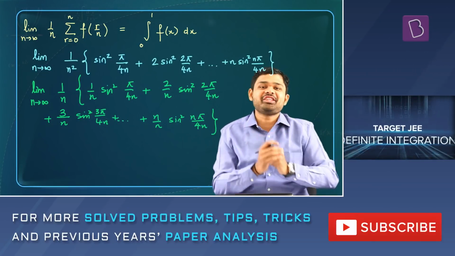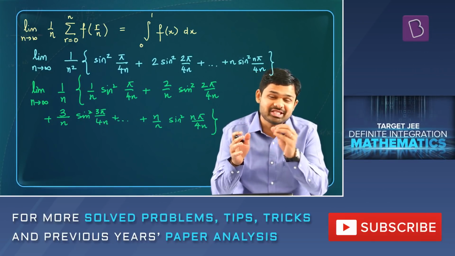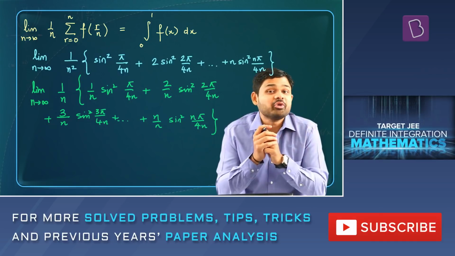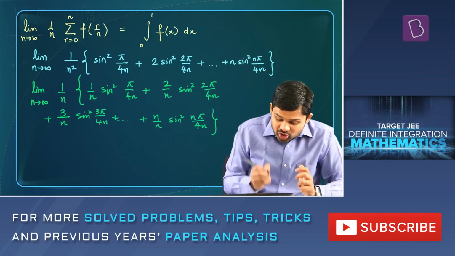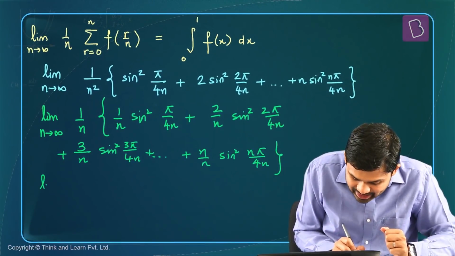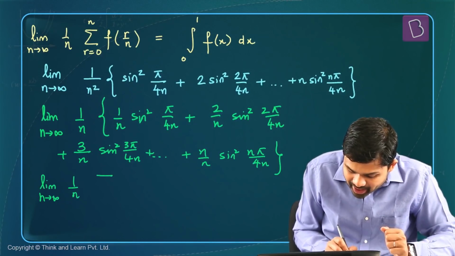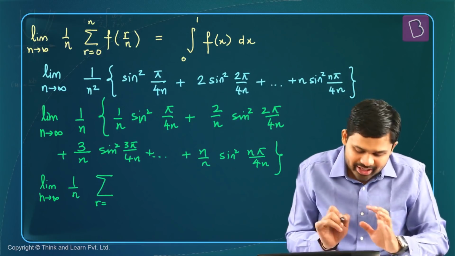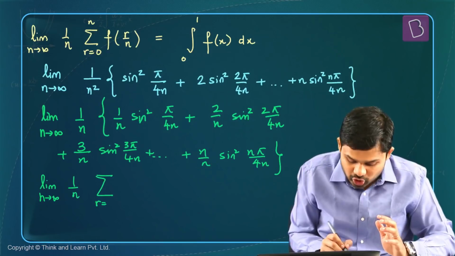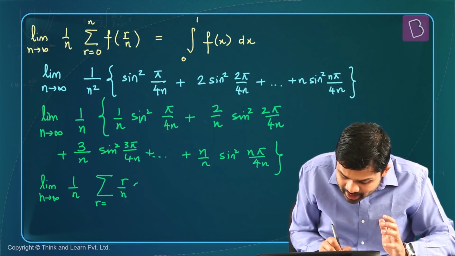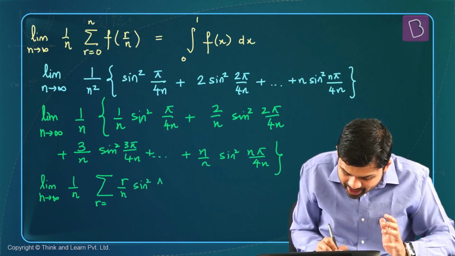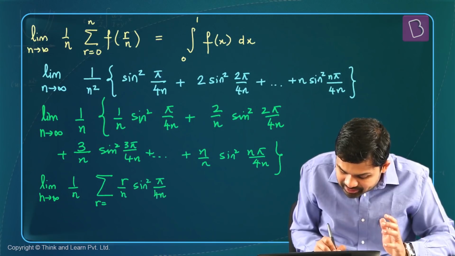Now this we can rewrite in a form that can be converted into a definite integral using Riemann sum. This can be written as limit n tending to infinity of 1 by n summation of r running from, let's look at what is inside the summation first. You will have r by n sine square pi by 4n times r.